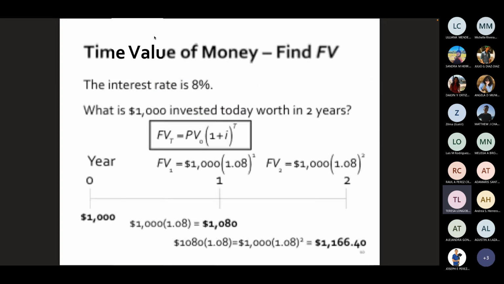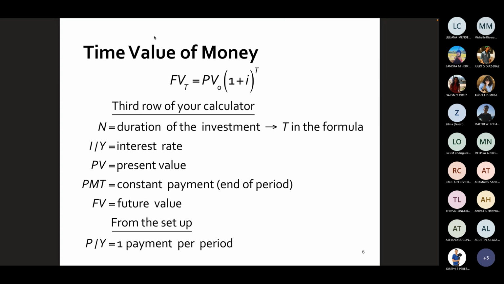So let's see, I promised I would explain the variables. N in our calculator is really the t in the formula. So whatever the case is, the calculator uses N and we use t. This has not been standardized across formulas and textbooks and calculators.